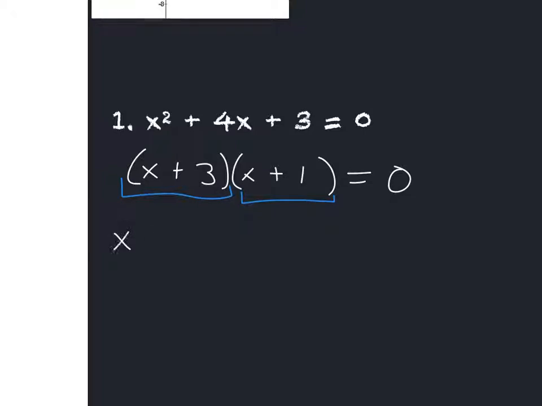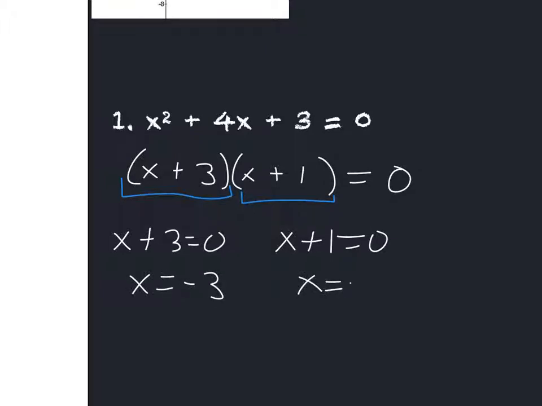So it's going to be x plus 3 equals 0 and x plus 1 equals 0. And if you solve these, you get x equals negative 3 and x equals negative 1. So your two solutions are going to be negative 3 and negative 1. And that's how you would find the solutions of a quadratic equation by factoring.